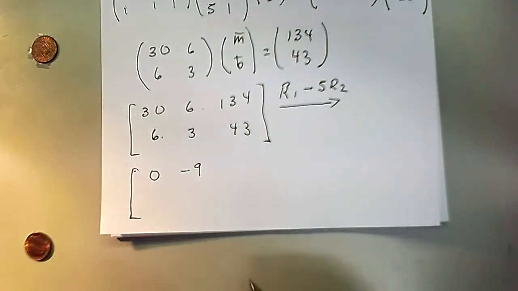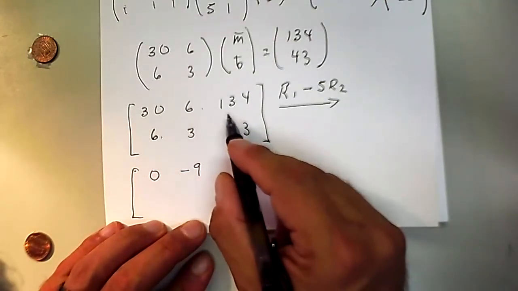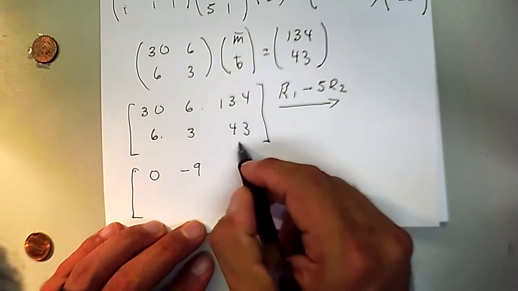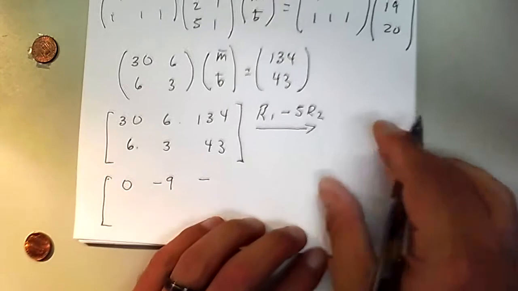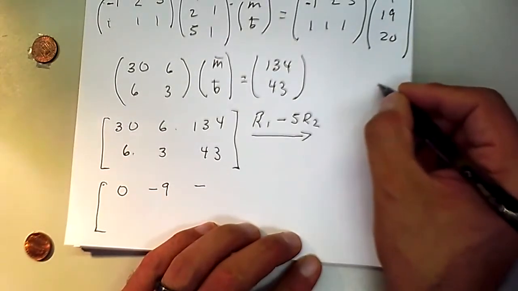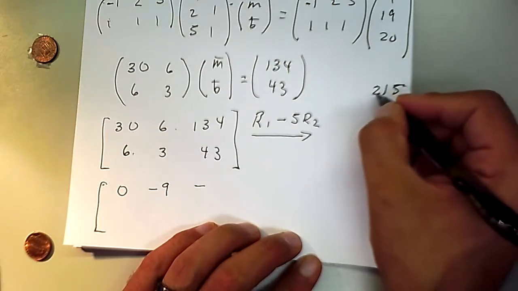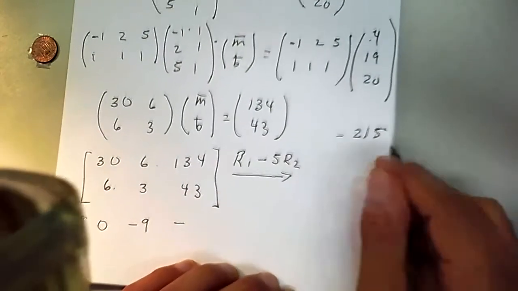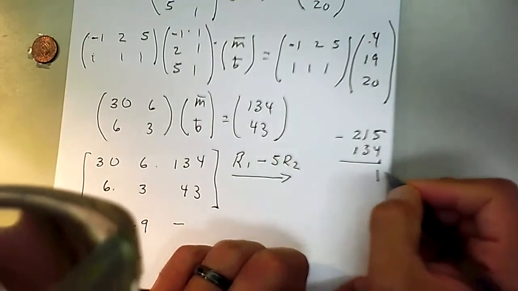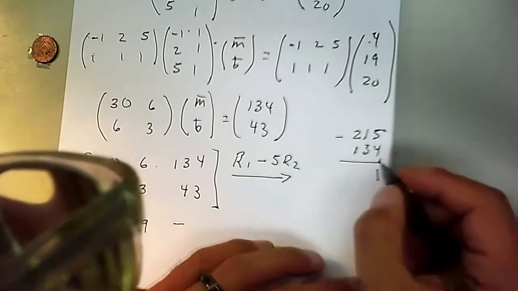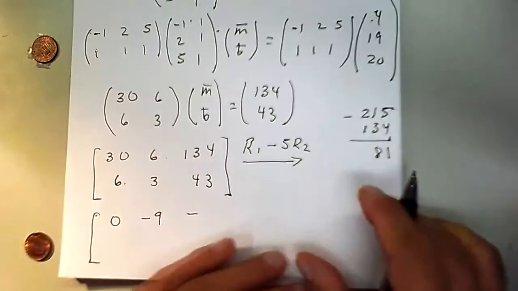Okay. 6 minus 15, 134 minus 215. I'm going to do that. 215 negative and 134 positive. So 5 minus 4 is 1. 11 minus 3, 8. 1 minus 1. So 81.